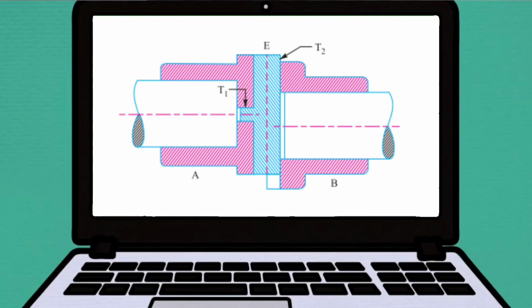The tongue T1 fits into the slot of flange A and allows for to-and-fro relative motion of the shafts, while tongue T2 fits into the slot of flange B and allows for vertical relative motion of the parts. The resultant of these two components of motion will accommodate lateral misalignment of the shafts as they rotate.